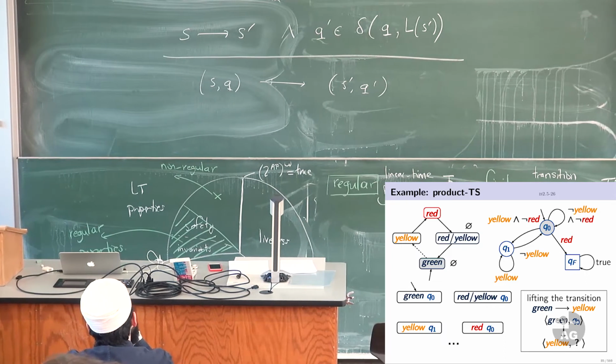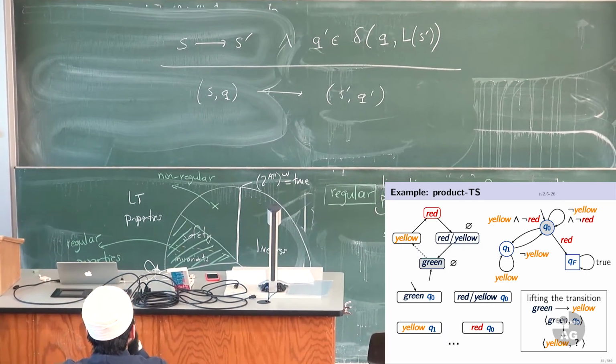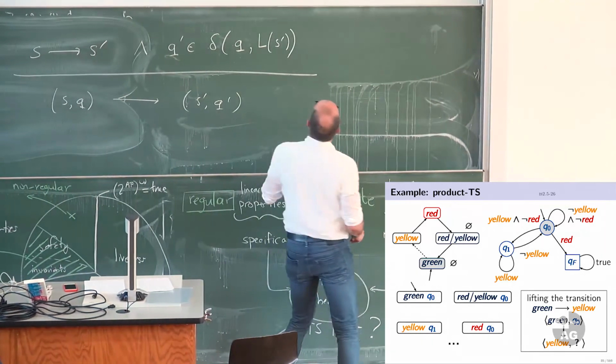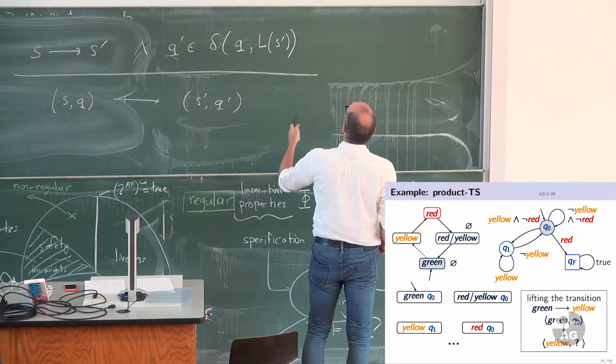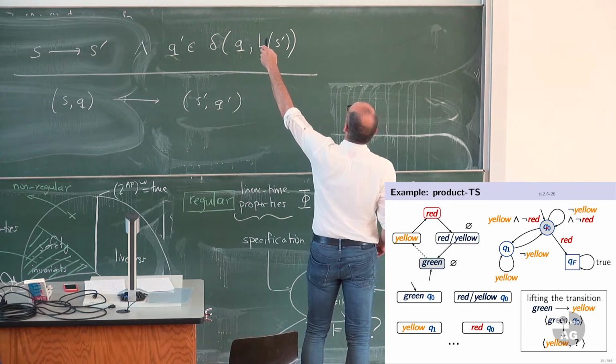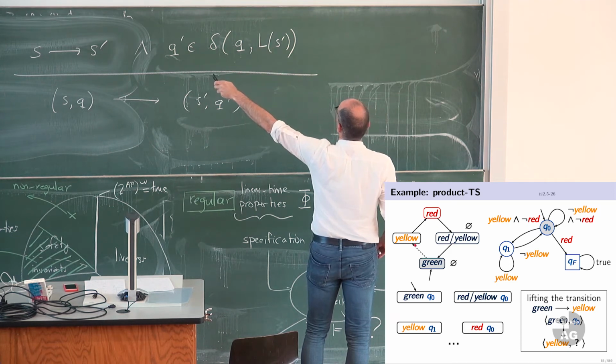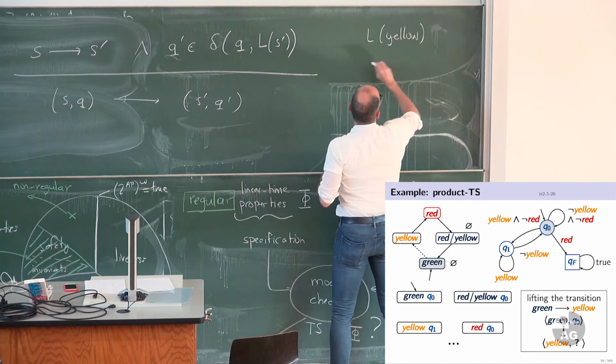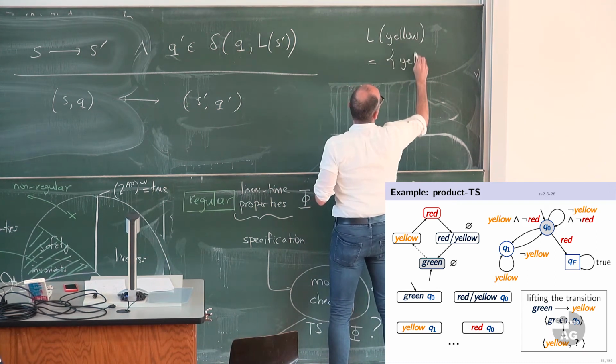That's actually the question. So what are we going to do? You just consider the current state green, the current state Q0. You feed it with the input symbol, which is the labeling of yellow. What is the labeling of yellow? That's the singleton set yellow.